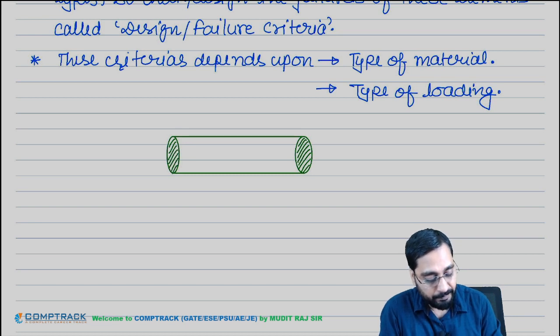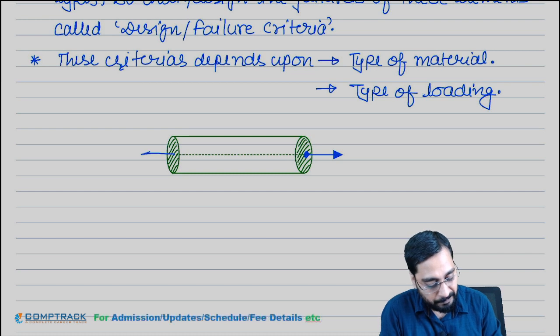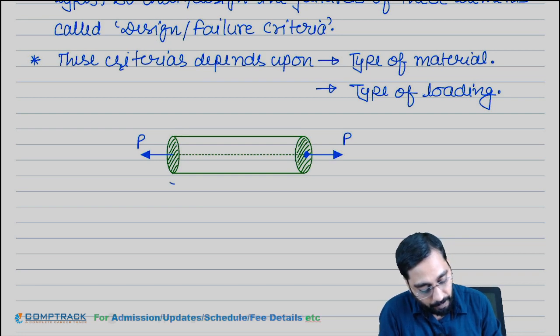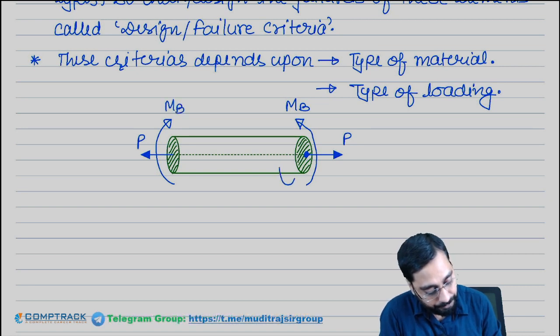Like there can be an axial load on it, like this. And there can be a bending moment on it, like this. And there can be a twisting moment also on it. Torque or twisting moment, you can say, like this.